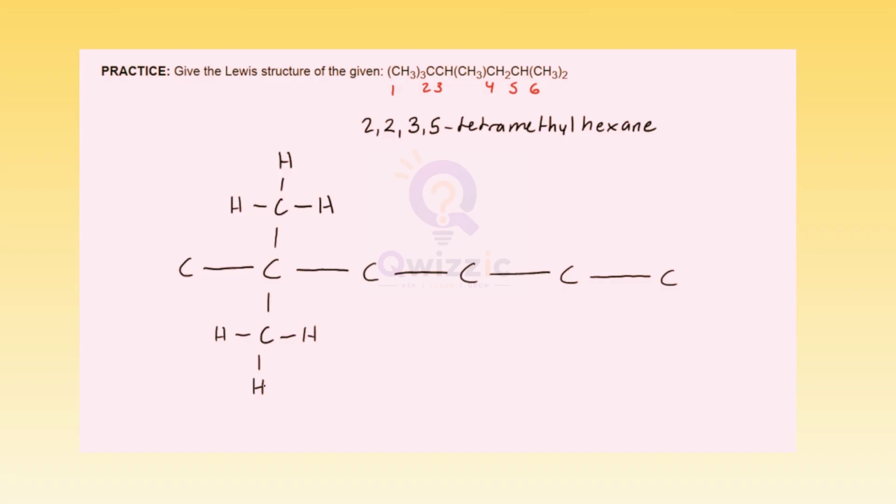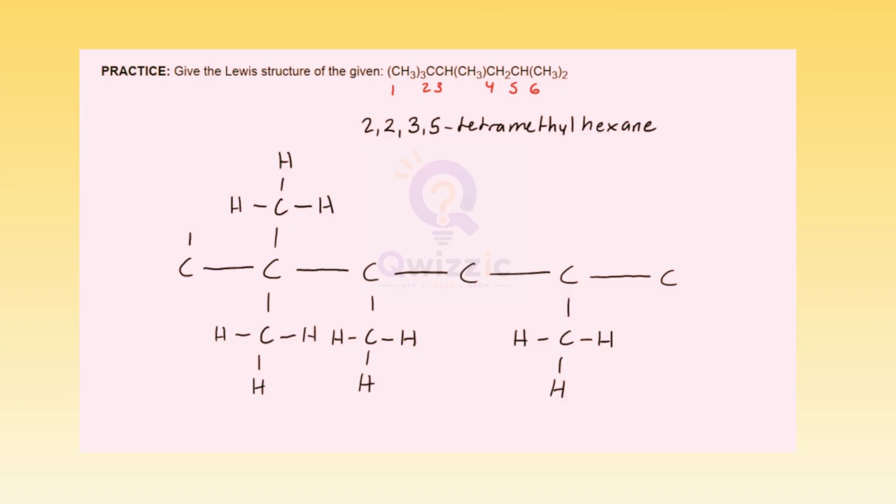So now on the third carbon of the parent chain, we have another methyl group, so that's another CH₃ group. And lastly, we have one more methyl group on carbon 5. So now that substituents have been added, let's go ahead and add the hydrogens on each of the remaining carbon atoms.